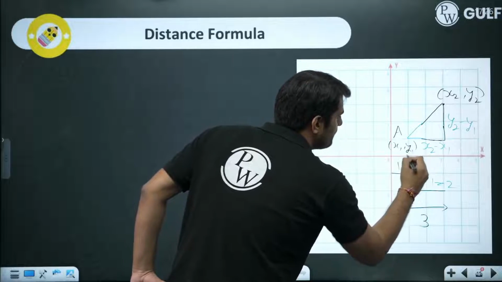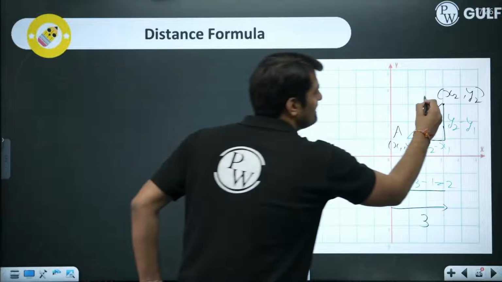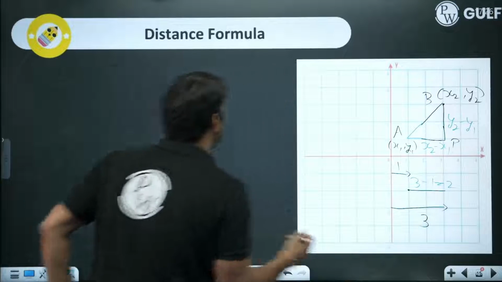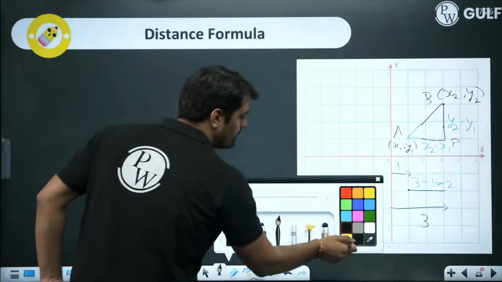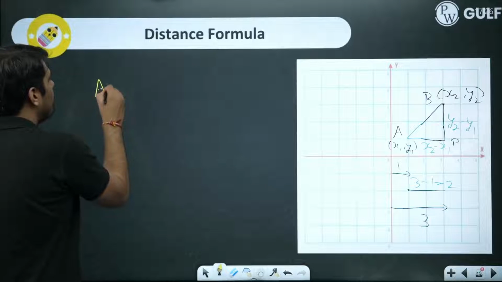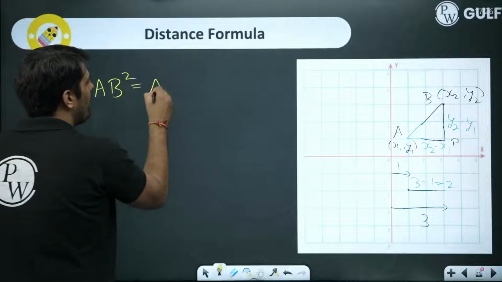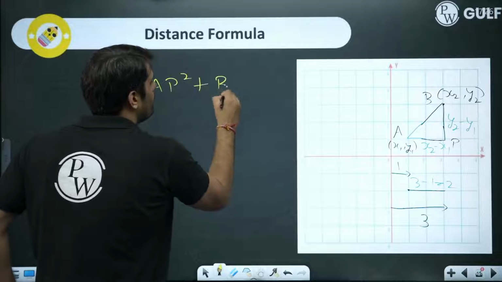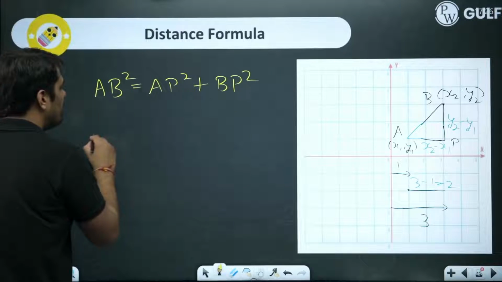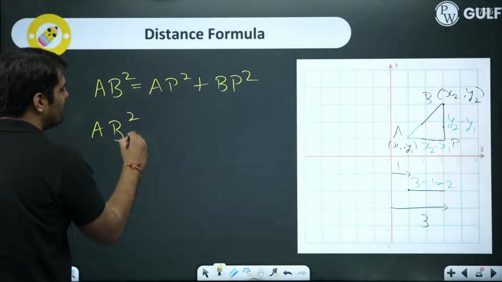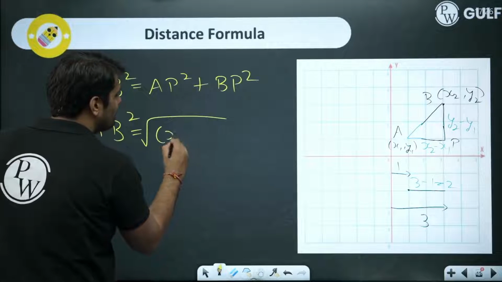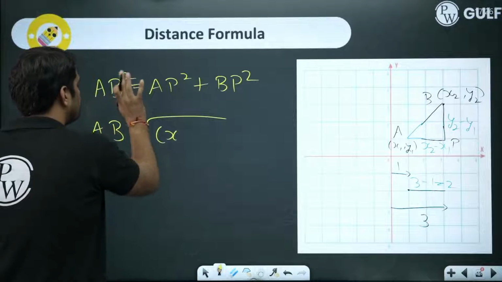For this particular case, if I say this is A, this is B, and this is P, then again by the Pythagoras theorem we would have reached AB square is equal to AP square plus BP square, and putting in the same things, you would have come across AB square, which will be what?